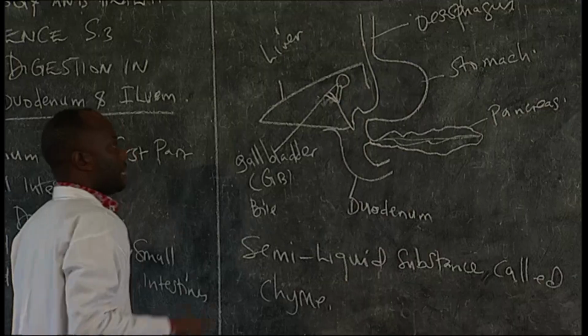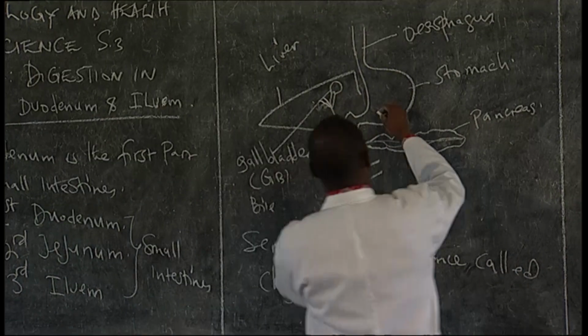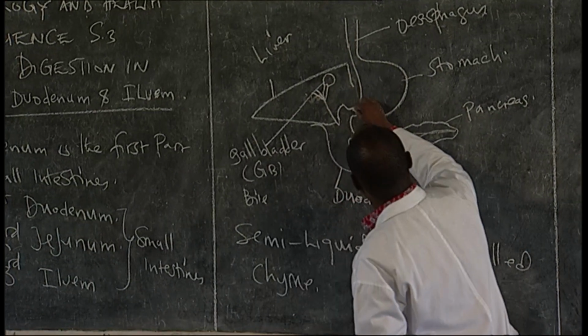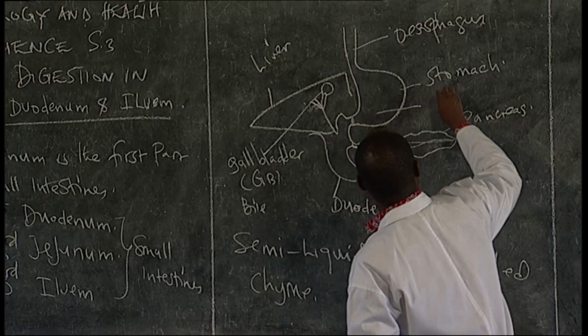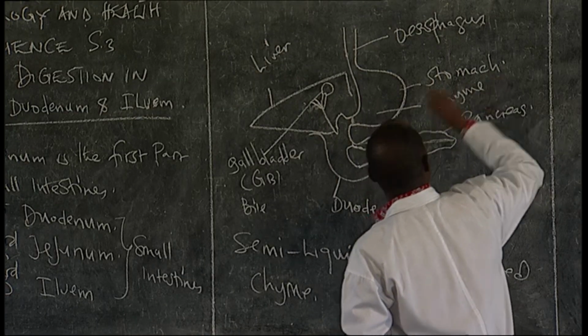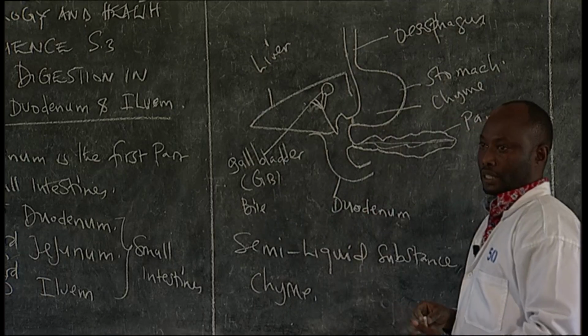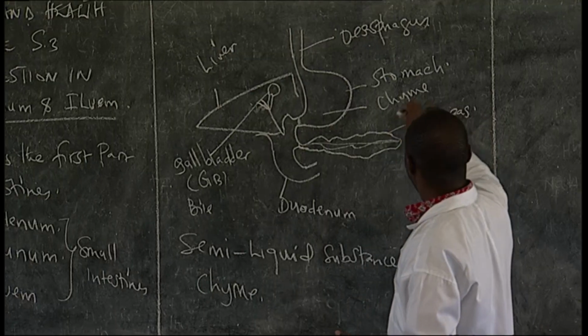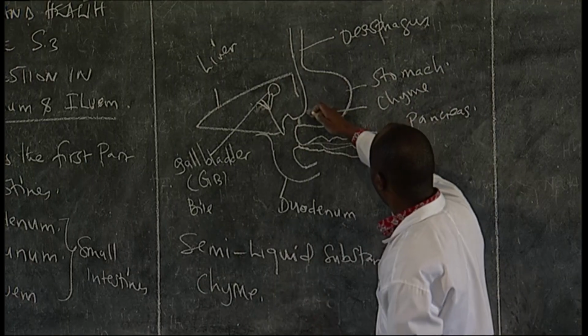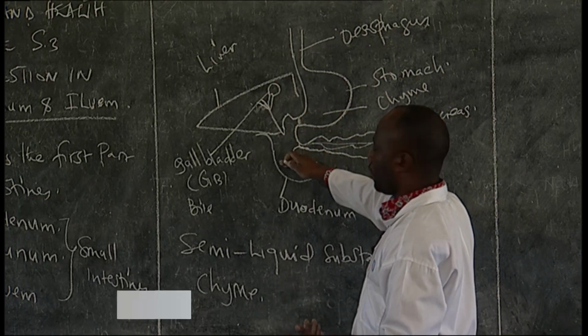After food is broken down, the chyme is going to be passed into the duodenum for further breakdown.